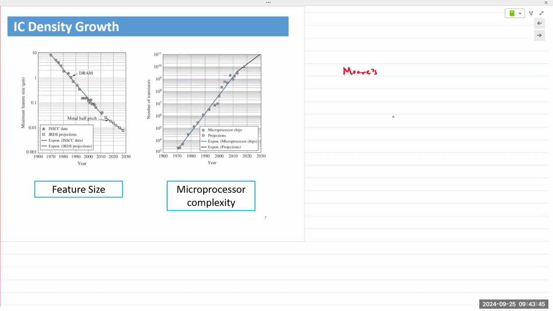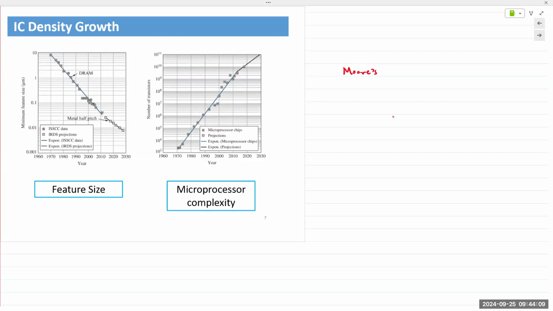Research has been done for several decades in silicon. And once they switched to making silicon transistors and silicon integrated circuits, rapid progress was made. What Moore noticed was that the number of transistors they could fit onto one single piece of silicon, one small area, was doubling every 24 months.